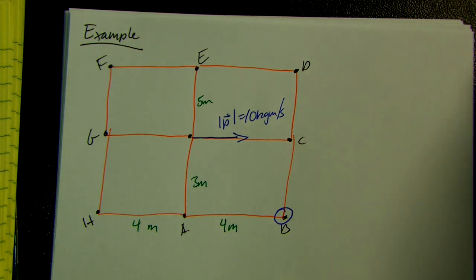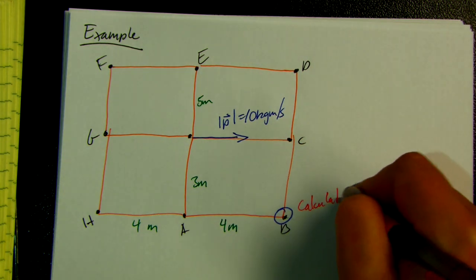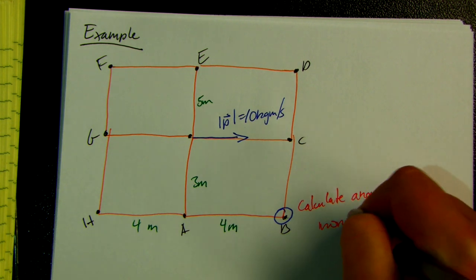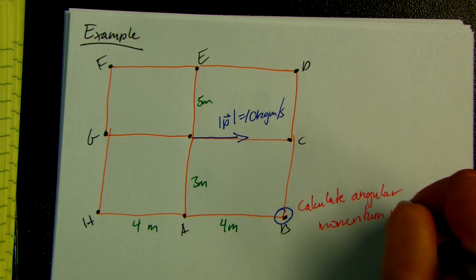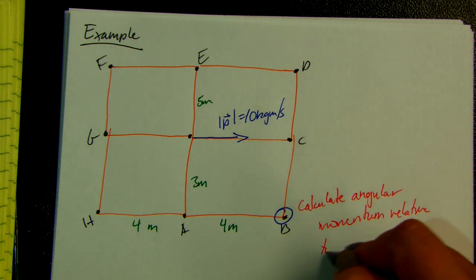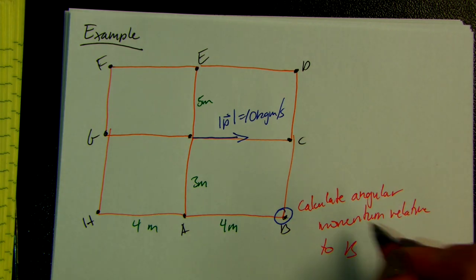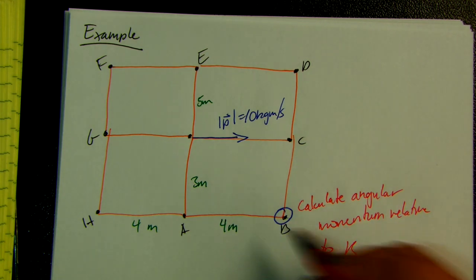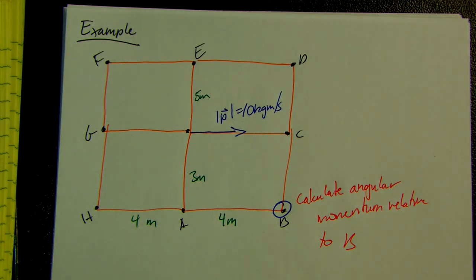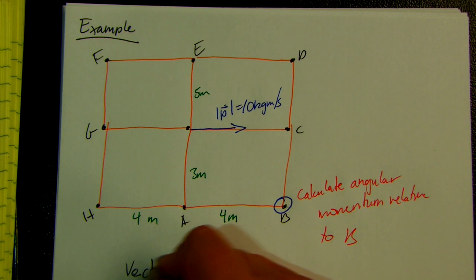And we've got momentum, and we've got everything we need to find a position vector. And this is the point that it's all going to be relative to. All right. So we can do this using a vector cross product.